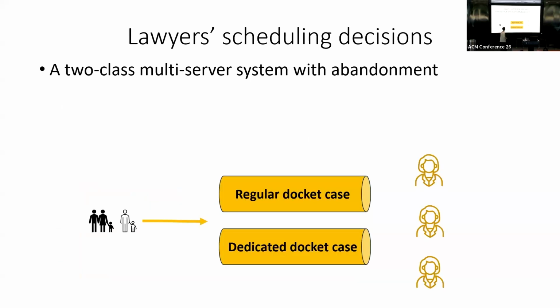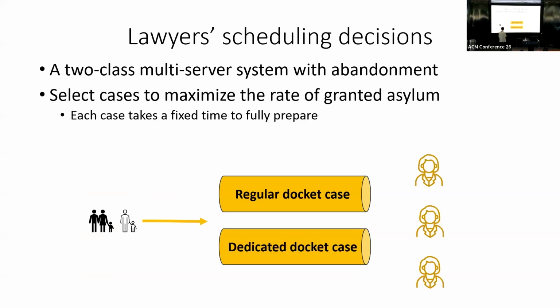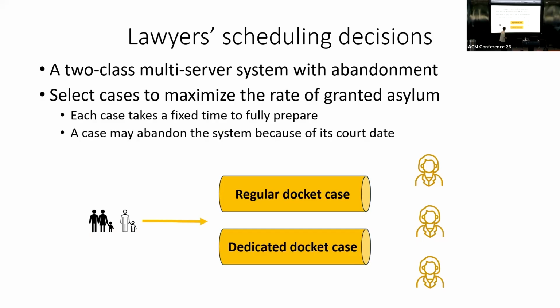On the other hand, for lawyers, we model it as a two-class multi-server system with abandonment. What I mean is that lawyers will try to select cases to maximize the rate of granted asylum. And each case will take a fixed time to fully prepare. What's unique here is that a case may abandon the system because its court date has arrived.